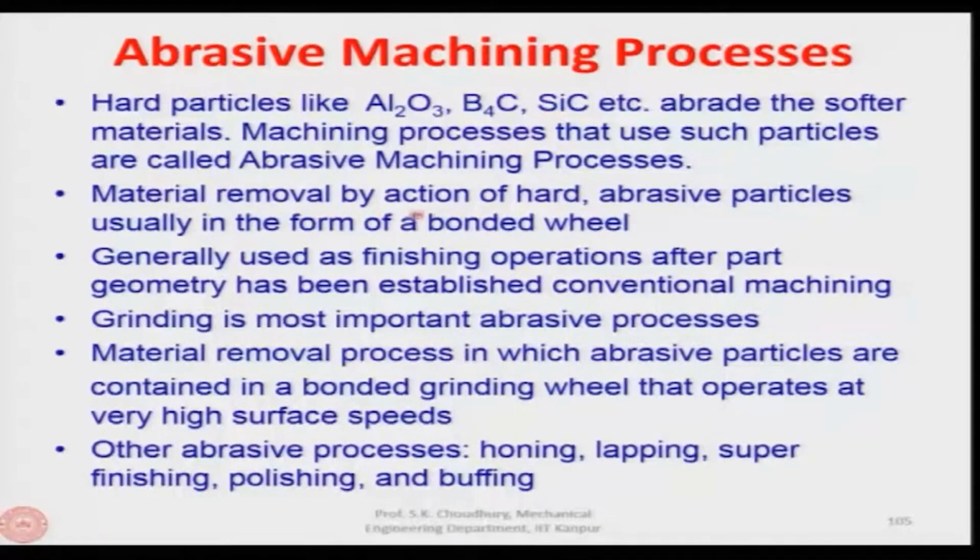Now, material removal is by the action of hard abrasive particles, usually in the form of a bonded wheel. This is particularly in the case of grinding, generally used as a finishing operation. In grinding there is material removal, but in other abrasive machining, for example honing or lapping, the material removal is minimum, and it is basically used as a finishing operation so that the surface finish can be enhanced.